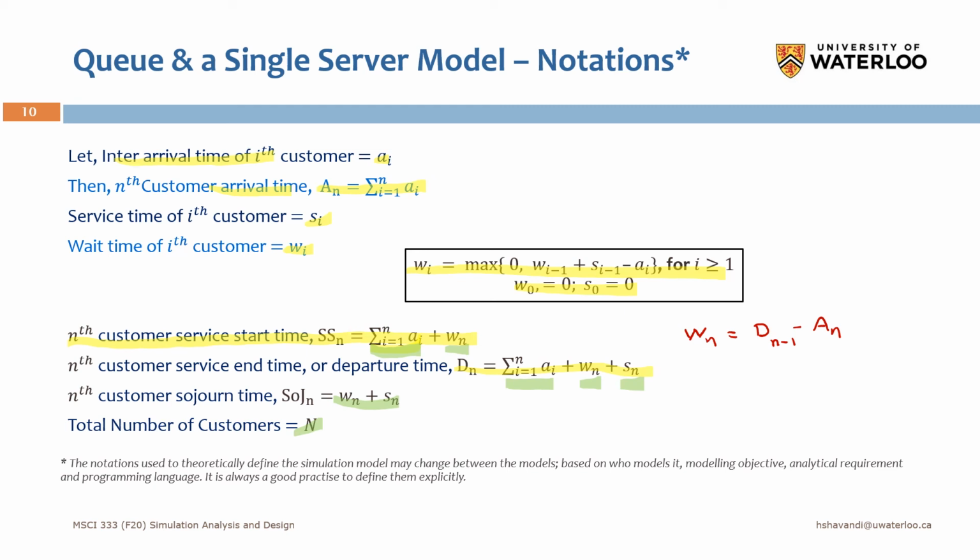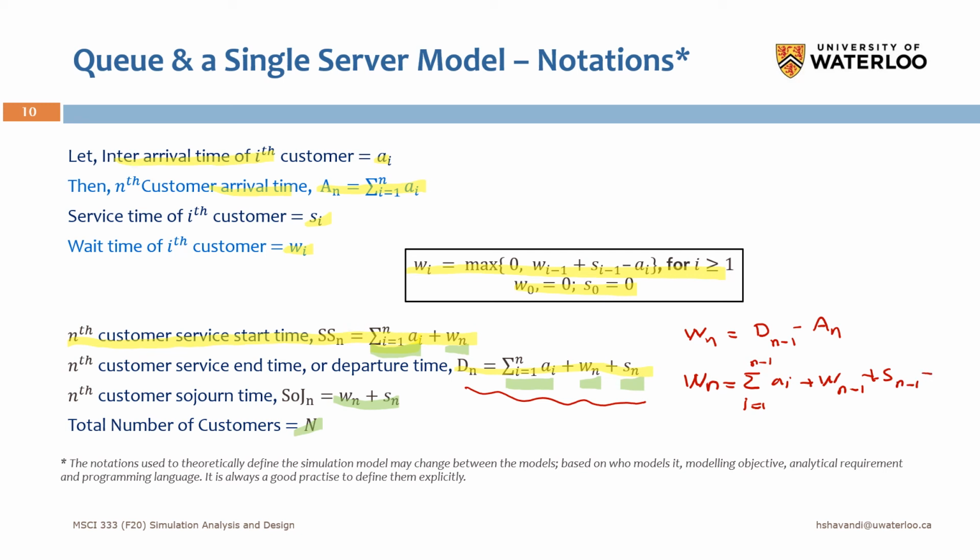Okay, so by having this equation here, we can say D_n is this: the sum over i going from 1 to n minus 1 of a_i, plus W_(n-1), plus S_(n-1), right?